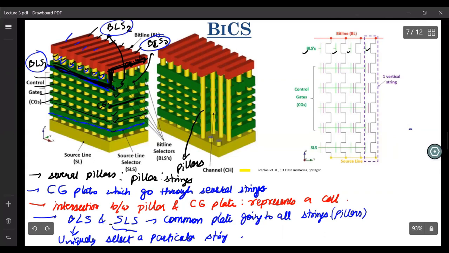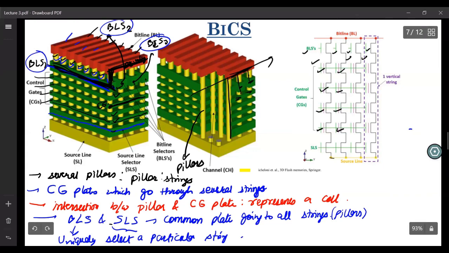This schematic is a figure in this direction. You have these different pillars, and wherever there is an intersection between a pillar and the control gate, you have cells. So these are cells.